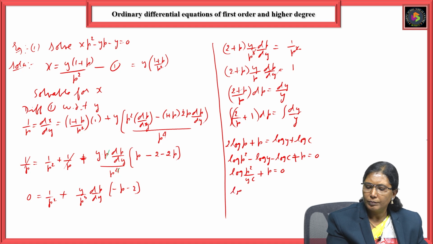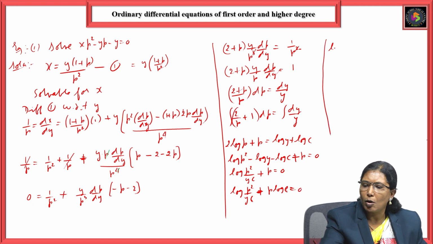So log of p square by yc plus p is equal to 0. We can write p in terms of log as p log e, which is log e to the power of p.